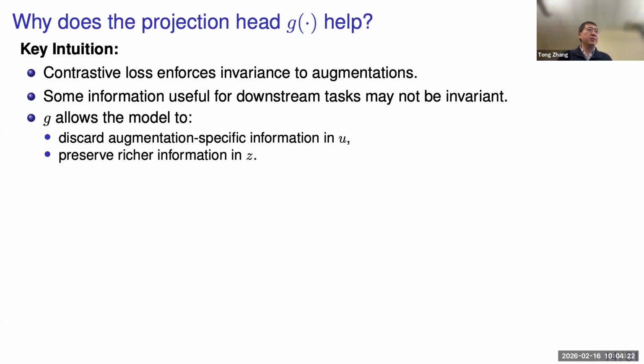Just combine different losses, and then you have a decoder, but I'm just giving an example. Then you say, okay, that preserves the richer information in Z. Nevertheless, it just says I discard this information, taking for granted that Z has richer information than U, and this richer information will also be useful for the downstream tasks.